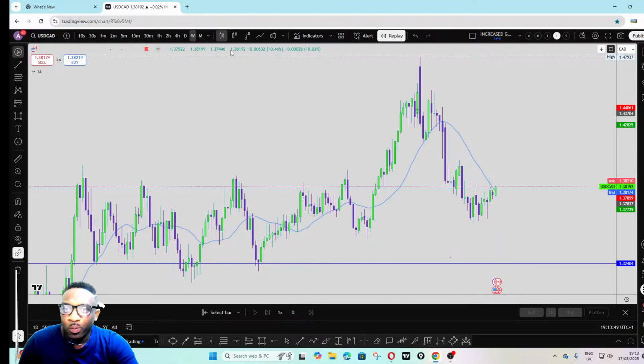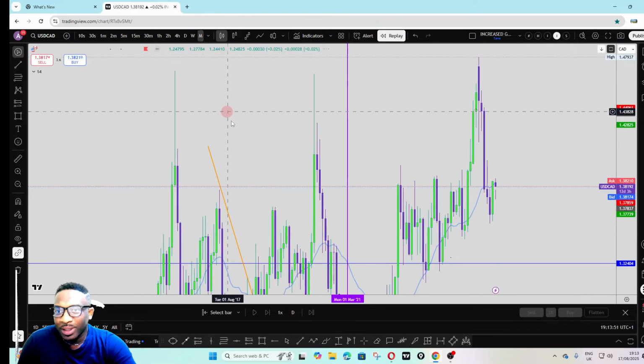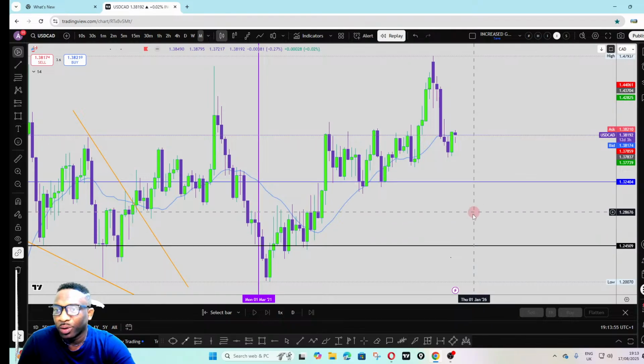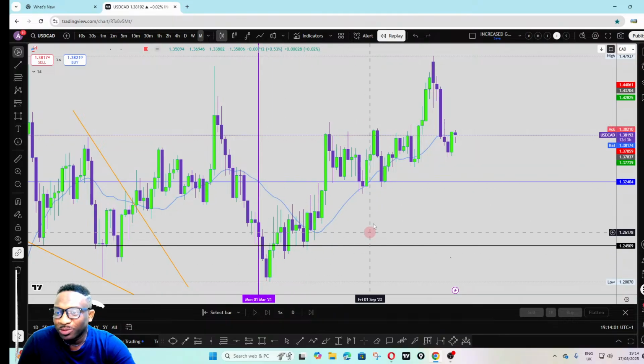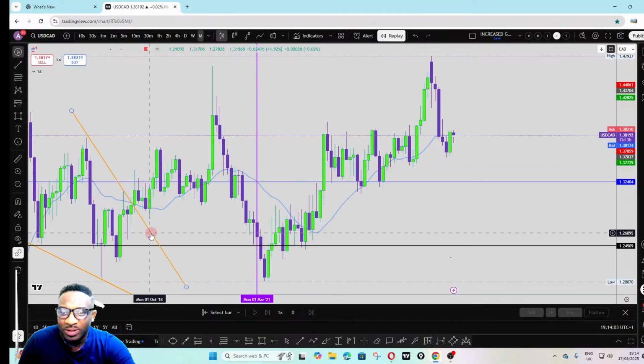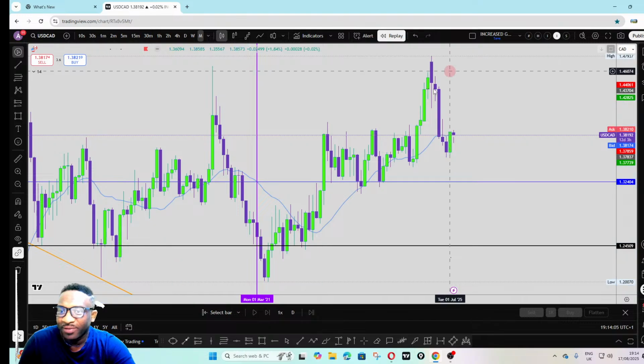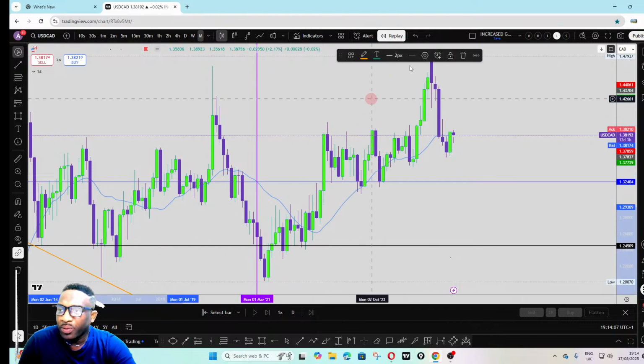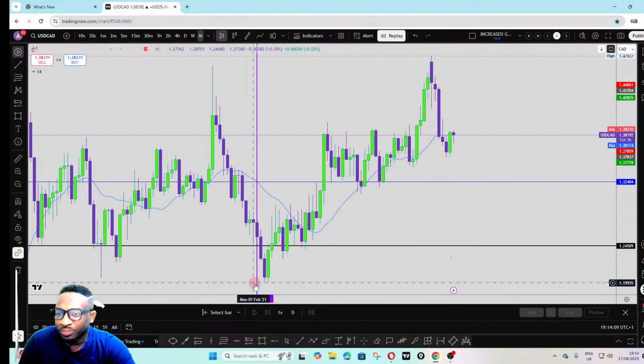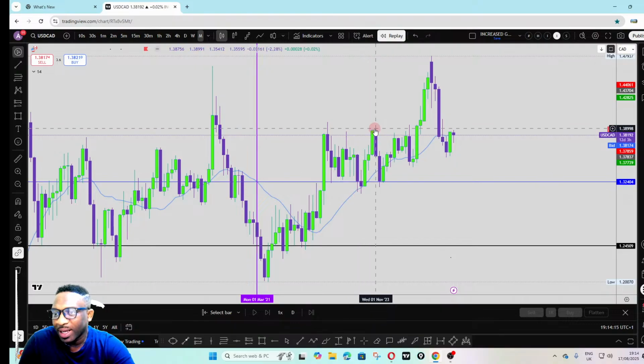So we have here the monthly chart on USD CAD. On the monthly chart, we can see that we are in an uptrend, as we can identify from this current price action, making higher high, higher low, higher high.